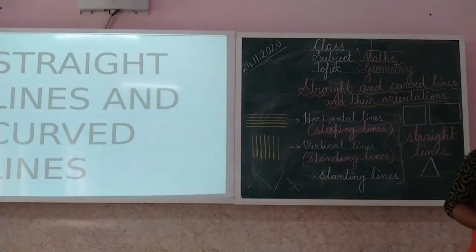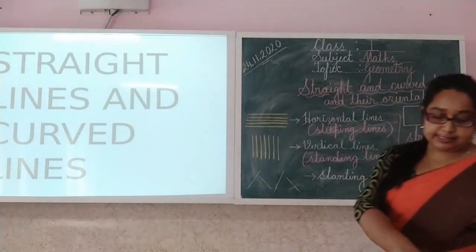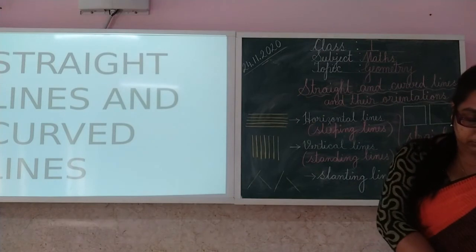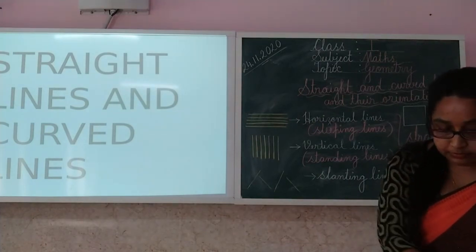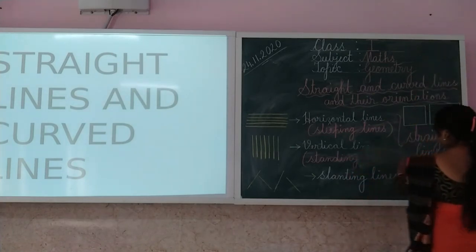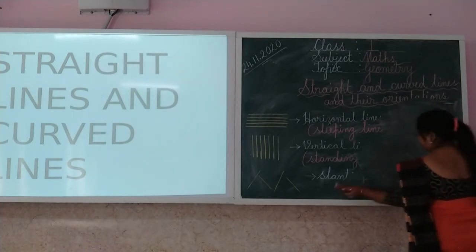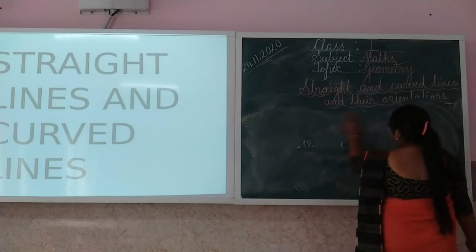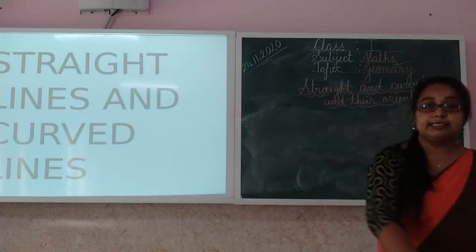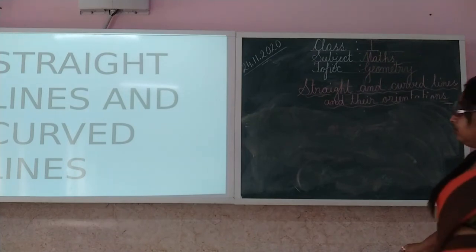Okay. Now, moving to the next type of line, that is curved lines. So the next type of line is the curved line. See?